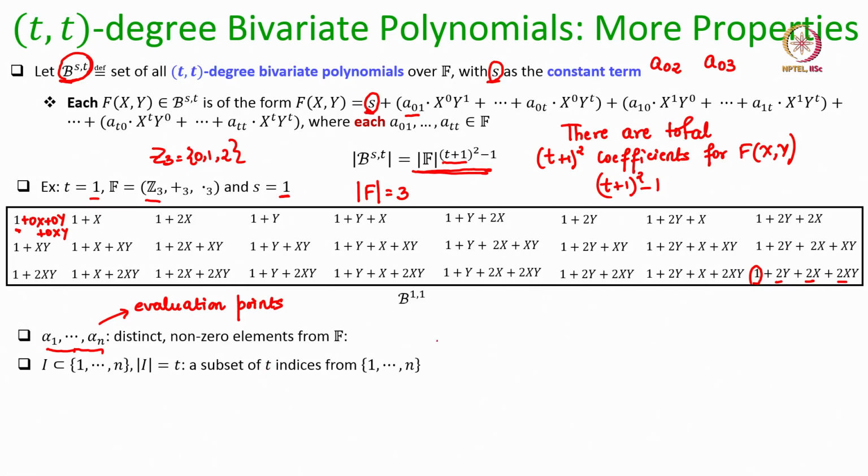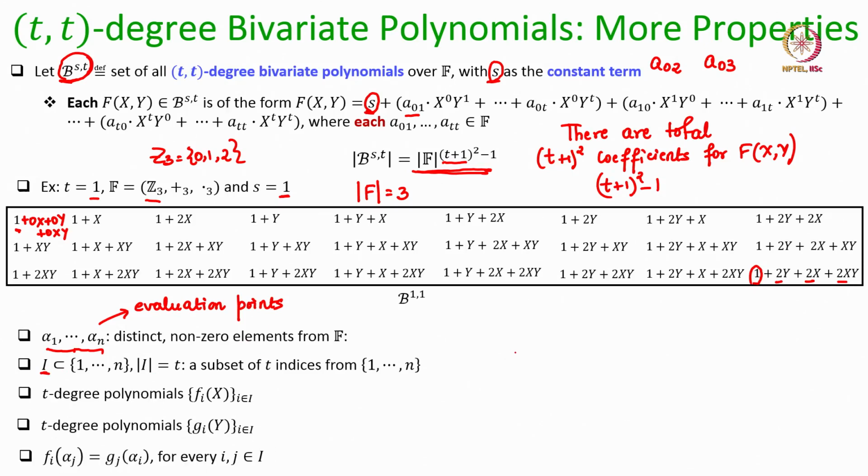The exact indices corresponding to those t evaluation points I am denoting by the set I. And now, suppose I give you t number of univariate polynomials in x variable and t number of univariate polynomials in y variable, corresponding to the indices in this index set I.